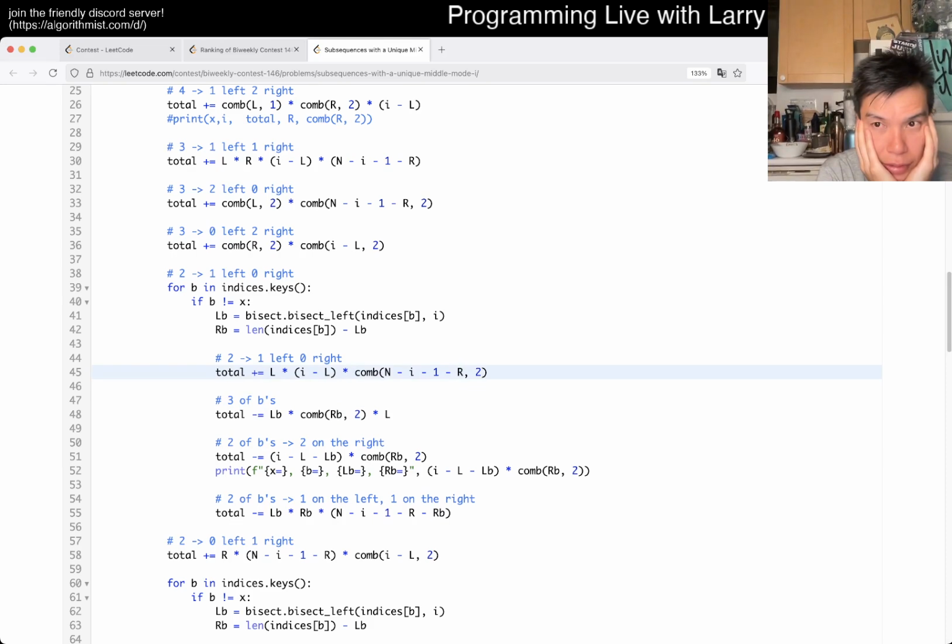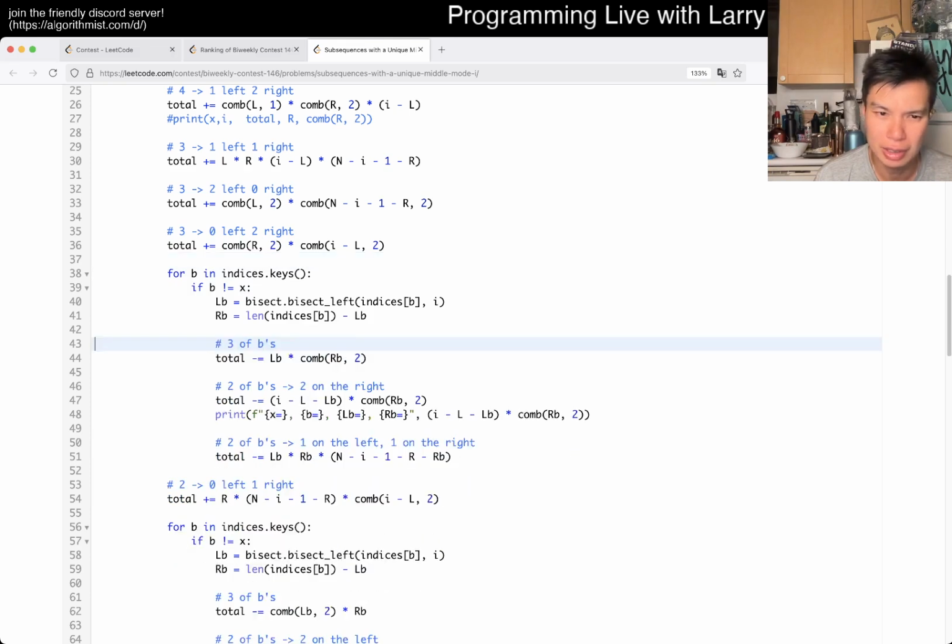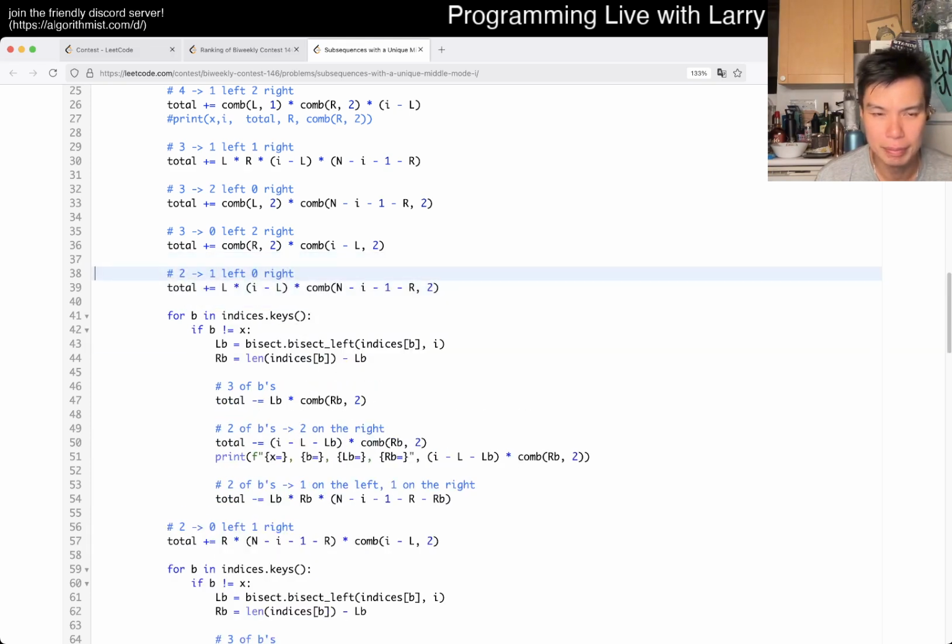So these are the things that are not right, but we want to subtract out. I think the idea is fine, but we subtract stuff without having enough stuff, which is very awkward. Okay, so how do we do this?